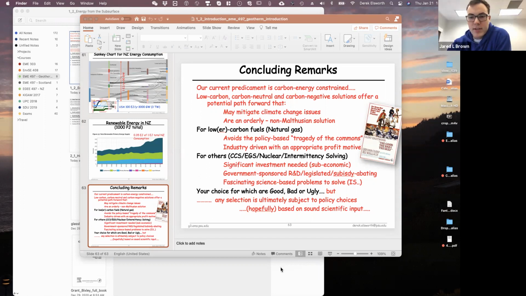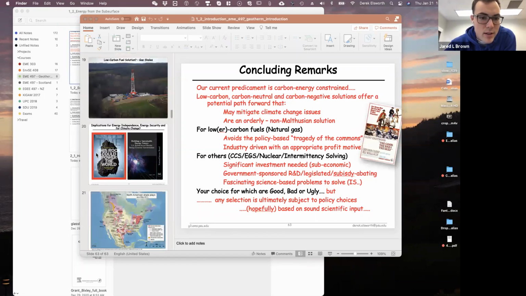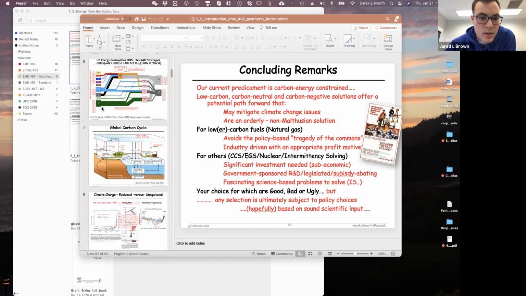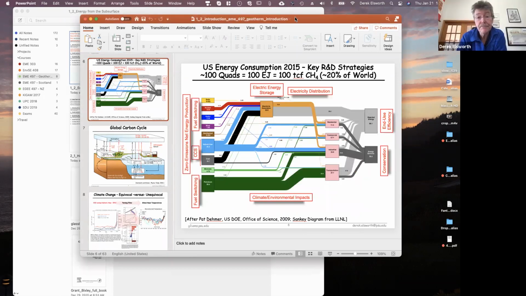On the first slide, or maybe not the first slide, but the one with the US Sankey chart, that large portion of like 59.1, like unused. Why is that unused? It's waste heat.